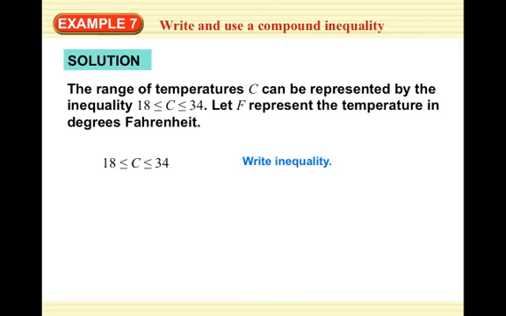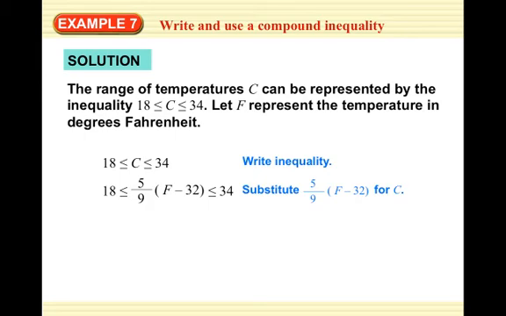So we're going to start off with 18 less than or equal to C, less than or equal to 34. We're going to substitute 5/9 of the quantity F minus 32 for C. So 18 is less than or equal to 5/9 times, so put parentheses there, F minus 32 goes in the parentheses, less than or equal to 34.